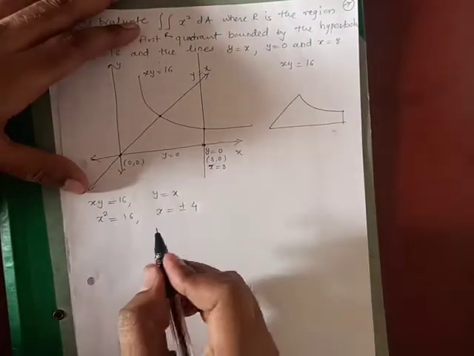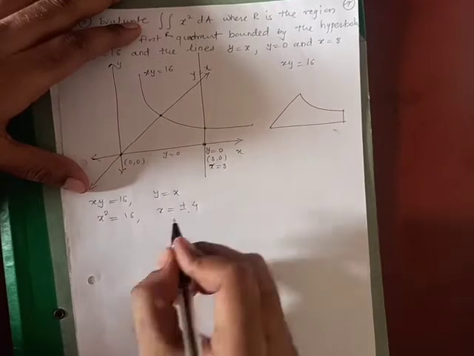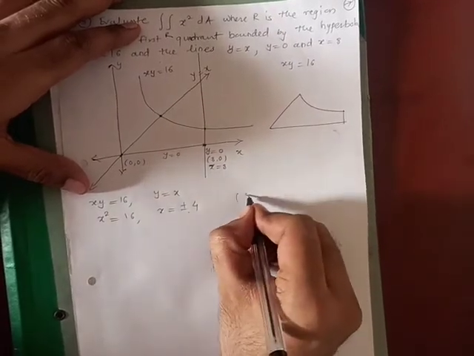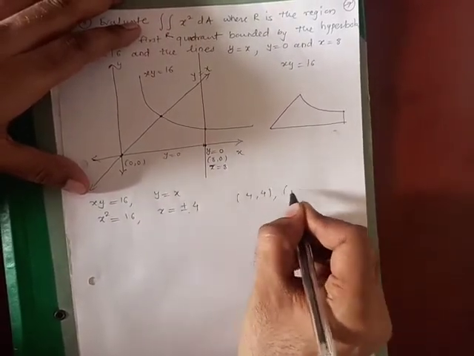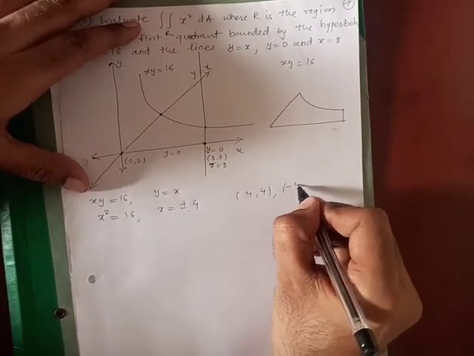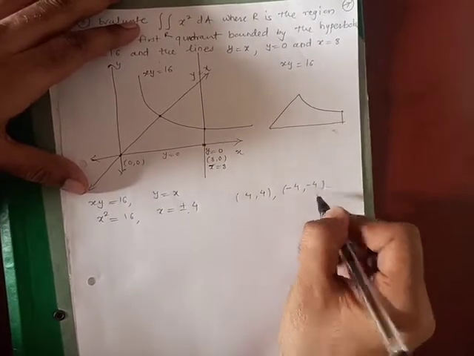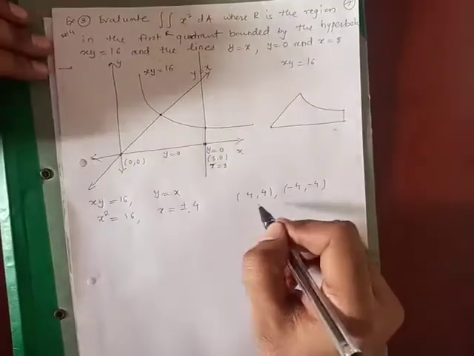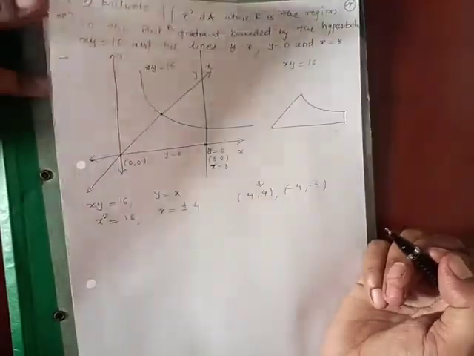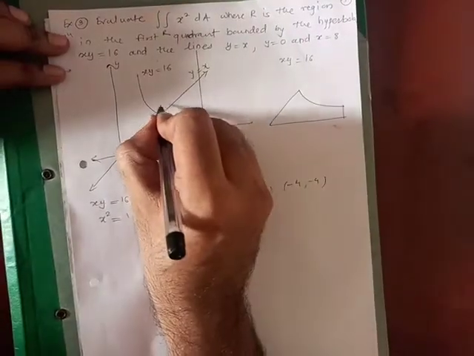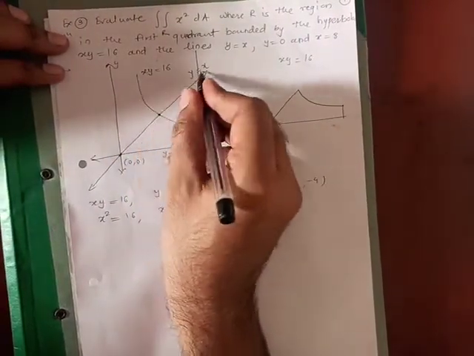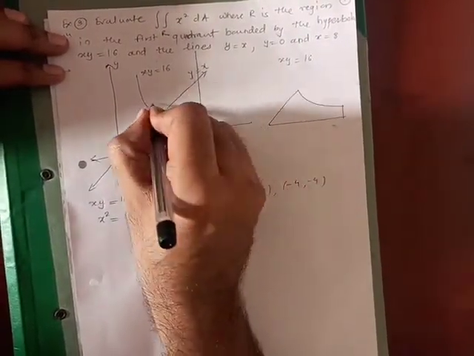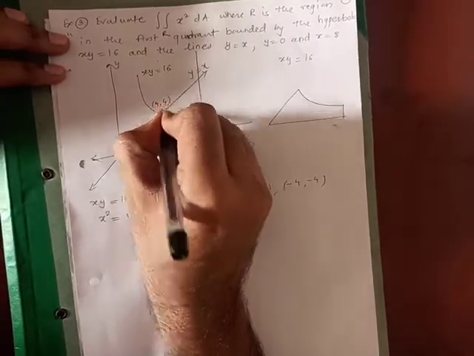Now put this value in the equation. If x is 4, y is 4. If x is minus 4, y is also minus 4. But since you are interested only in the first quadrant, you have to consider this point only, and therefore this point of the hyperbola and y is equal to x is 4 comma 4.